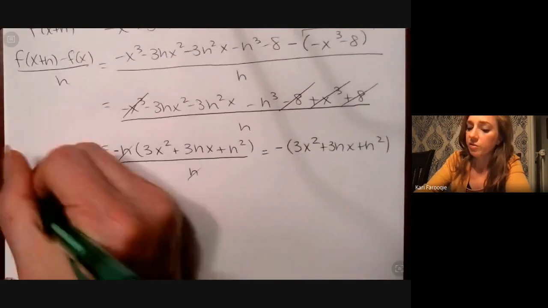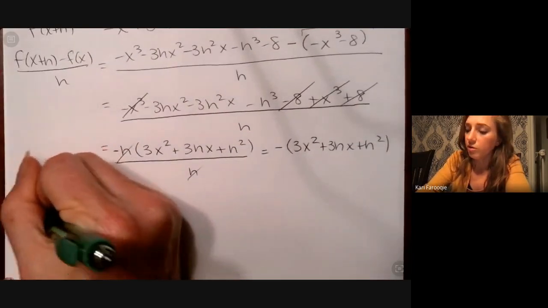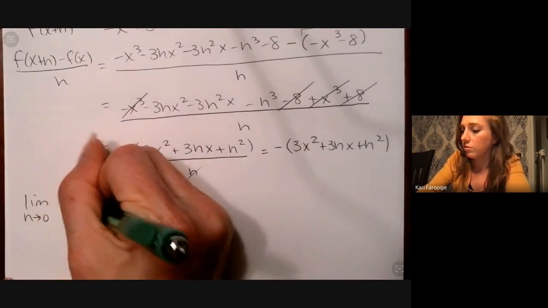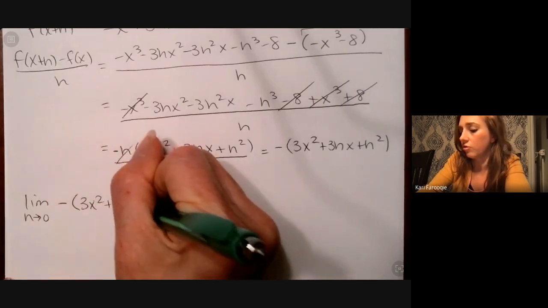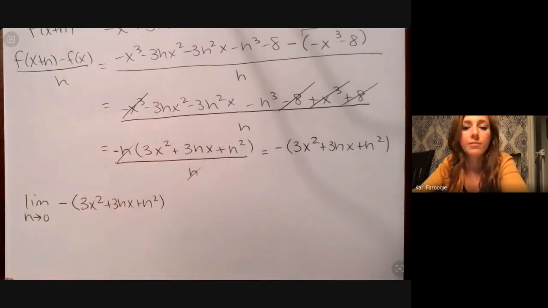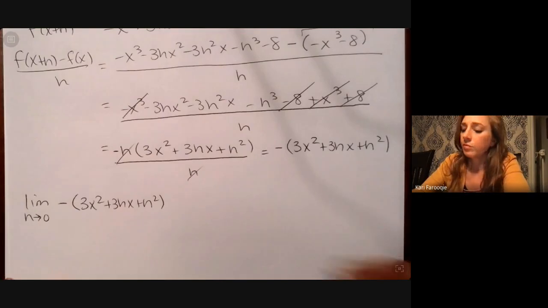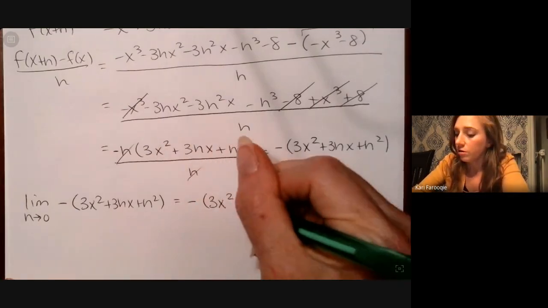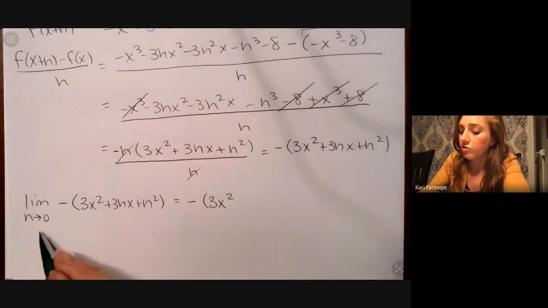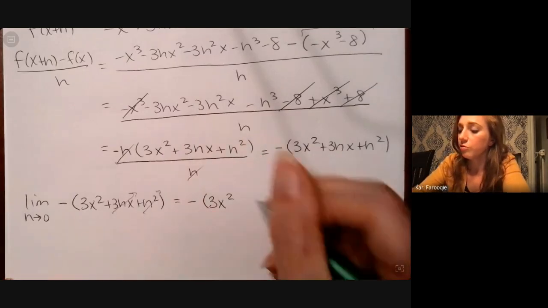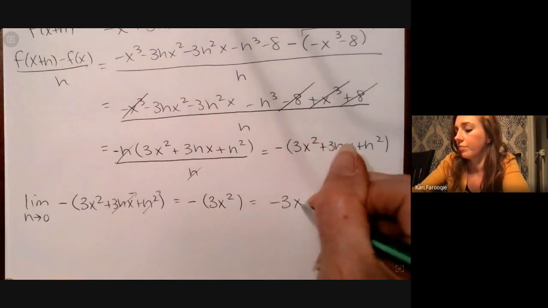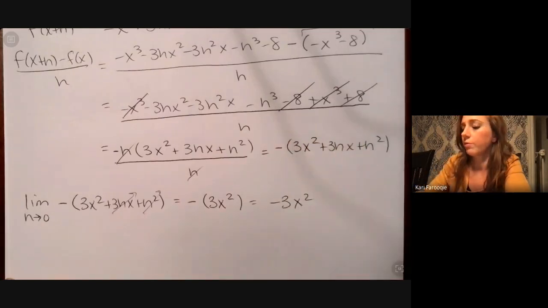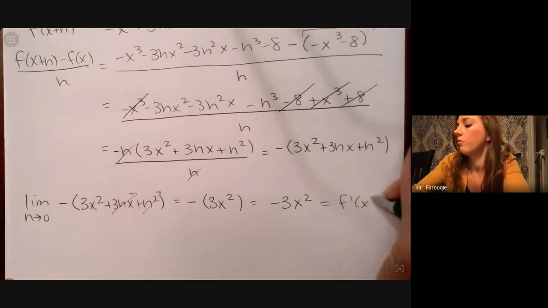Now we're going to take the limit as h approaches 0 of negative 3x squared plus 3hx plus h squared, which is just negative 3x squared, because if h is going to 0, both of these terms go to 0. And then you just get negative 3x squared is f prime of x.